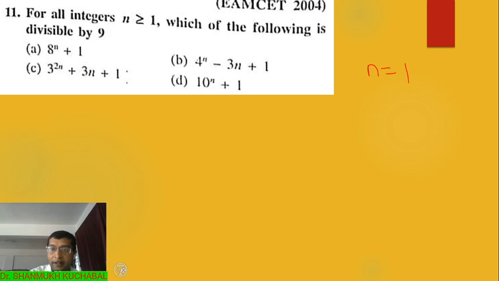So we get 8 raised to 1 plus 1, it is 9, it is divisible by 9. Take n equal to 2, it is 8 square plus 1, see, once again it is divisible by 9. Just n equal to 1 is enough here. Therefore option A is the right answer.